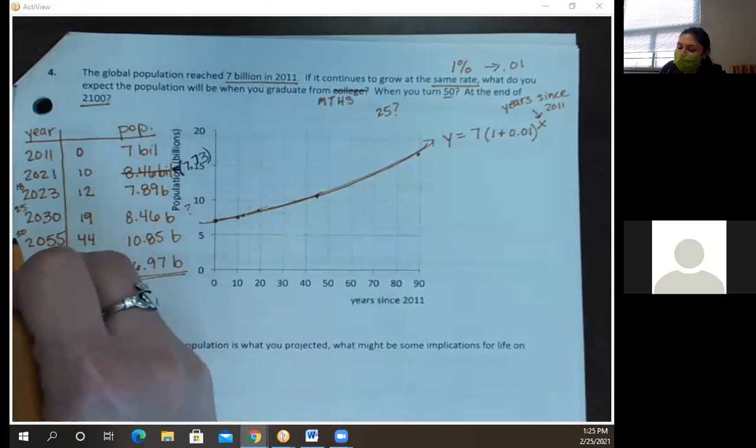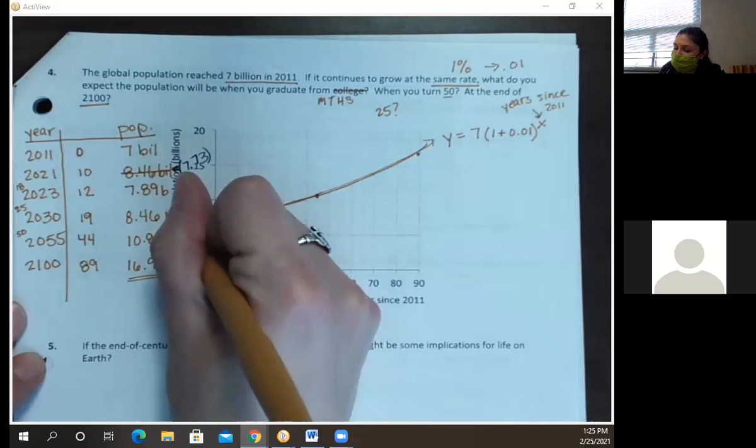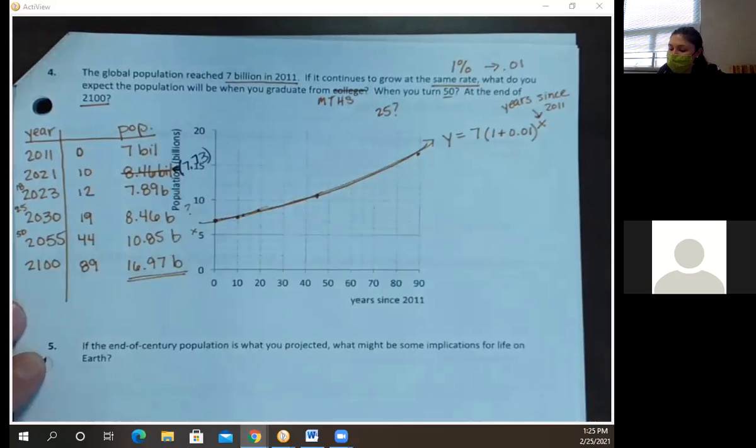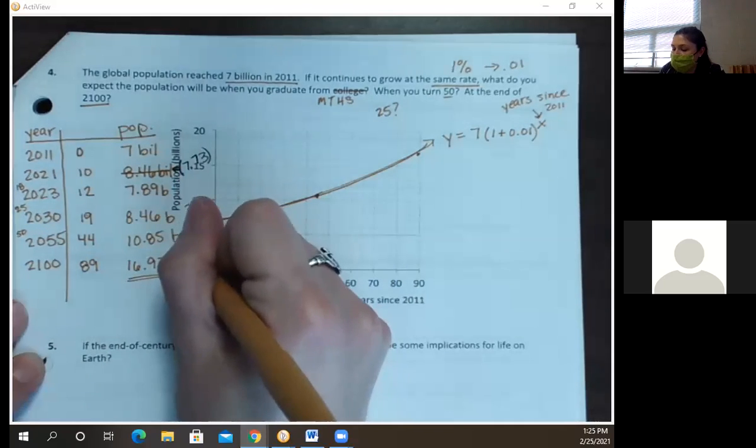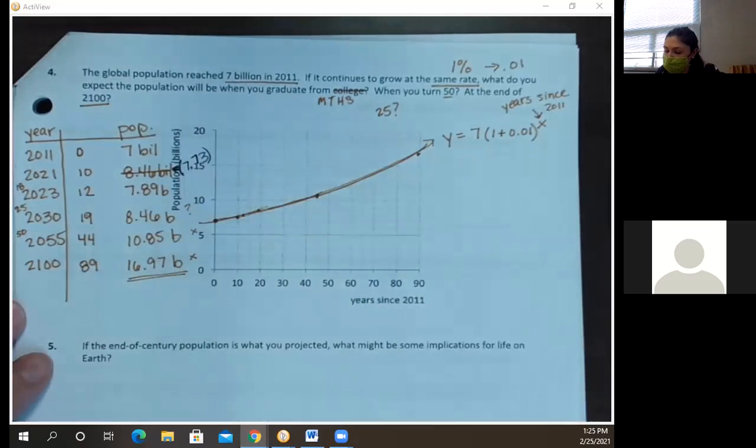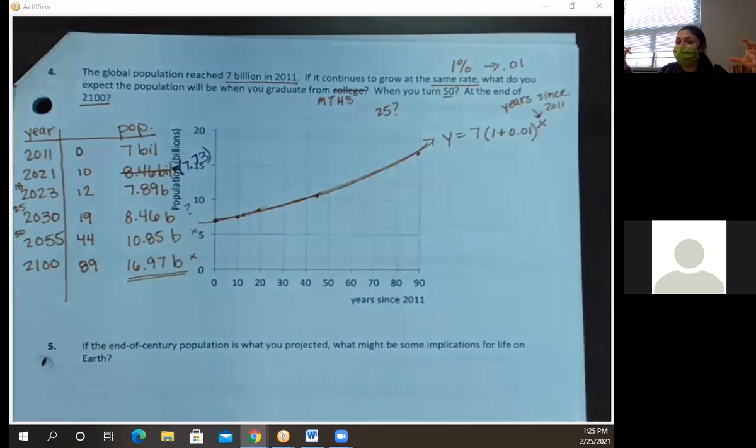I would guess that our number for 2055 is probably not accurate, and I would guess our estimation for 2100 is also not accurate. Models are really good for making predictions during the time where I've gathered data, immediately before that time and immediately after. But far outside of that time, usually that's where they get a little fuzzy.